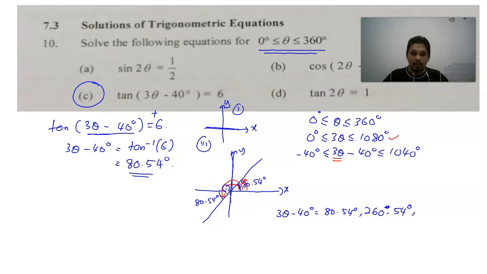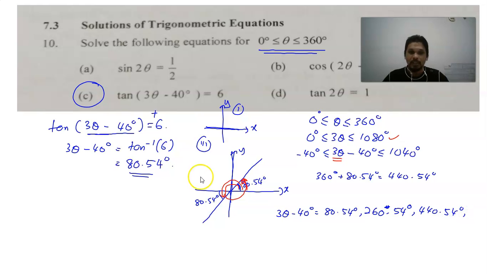Now a cycle of 360 and end up here, meaning it is 360 degree plus 80.54 degree. 360 plus 80.54 equal to 440.54 degree.